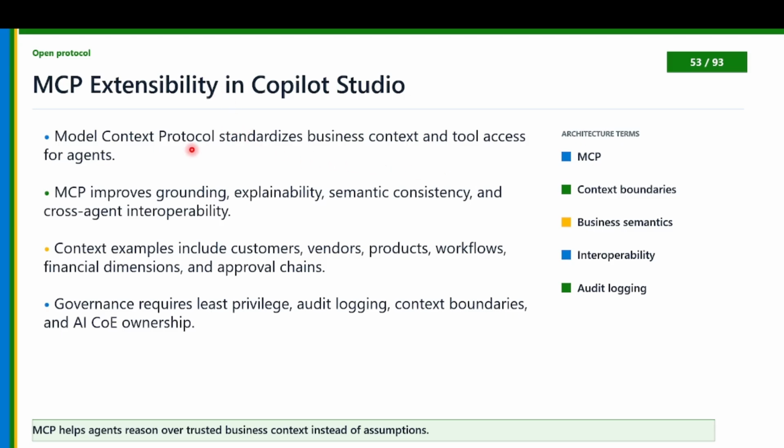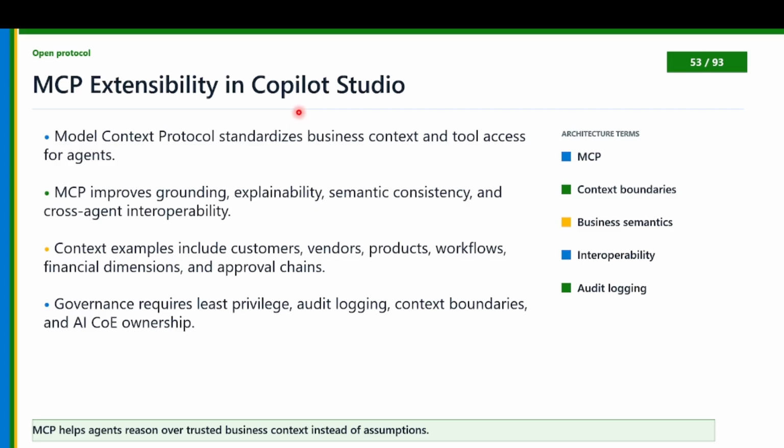So under this open protocol, we'll be looking at MCP extensibility in Copilot Studio. Okay, so MCP was developed by Anthropic, and it was also open sourced by them, and Microsoft has adopted it basically to act as a bridge between databases and agentic AI workflows and connections. In MCP you have three architecture components.